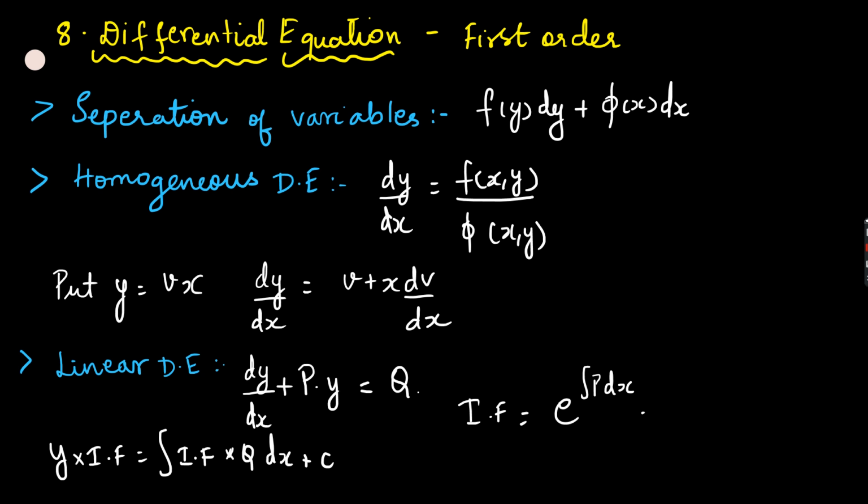If it follows this form, then you substitute y to be vx and dy by dx as v plus x dv by dx. Then this will make it easy for you to separate your x to one side and v to the other side, and you can use the separation of variable form.